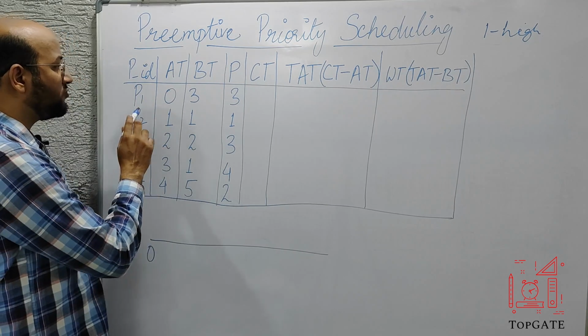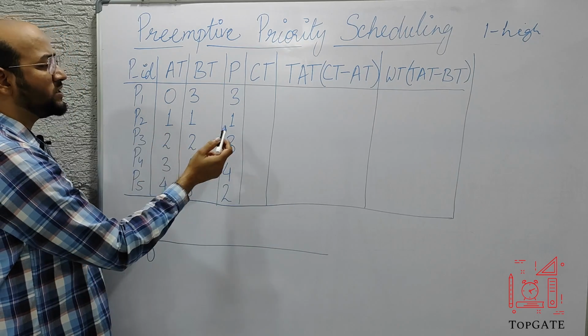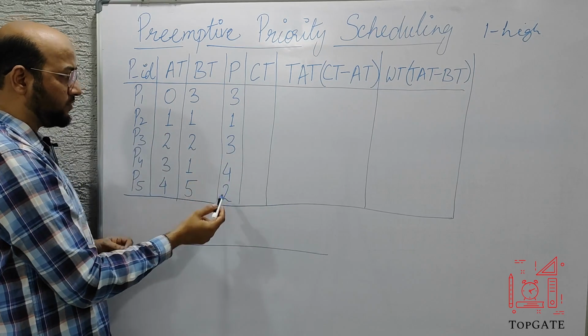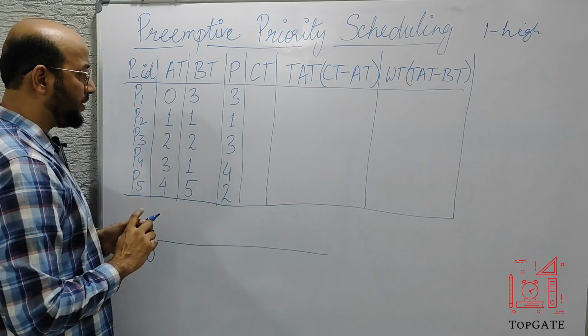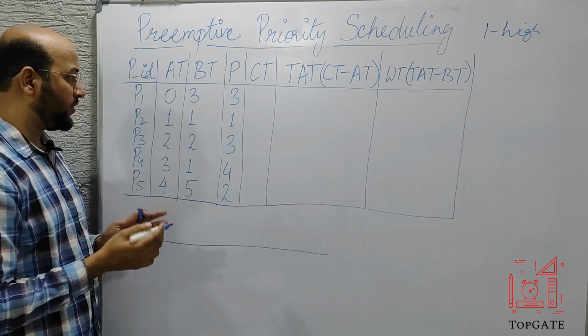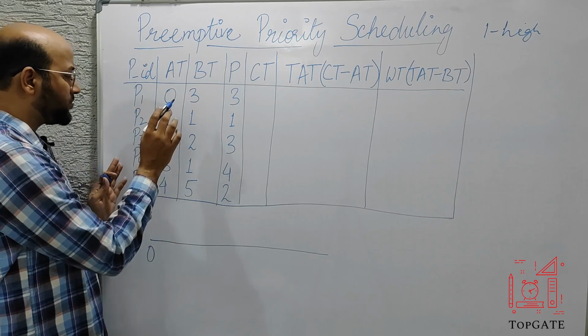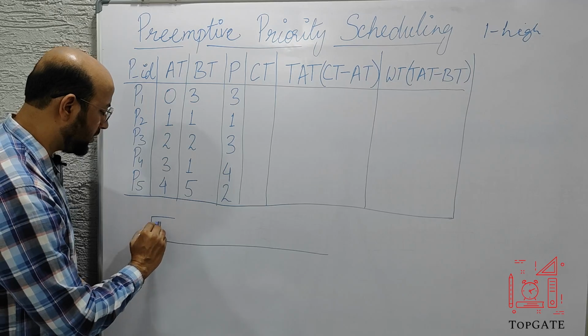However, the priority of P1 is 3. If we analyze this, we can see that P2 has 1, which is the highest priority. So the first process which needs to run is P2, but its arrival time is 1, that is, it is not there in the RAM yet. So we don't have any option. We have only one option right now, that is P1. So at time 0, we have to schedule P1.